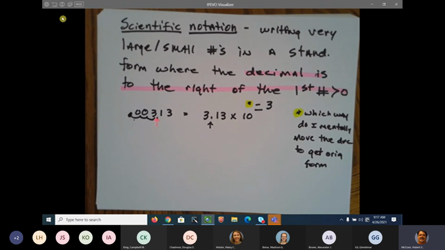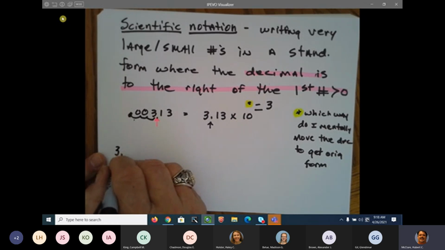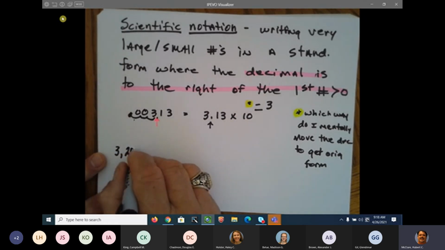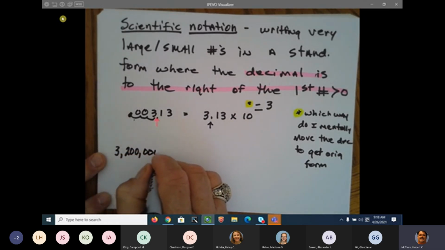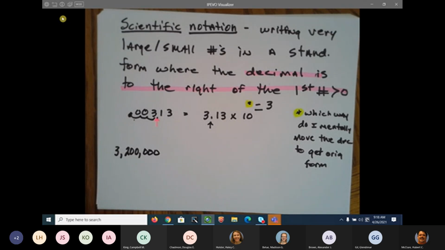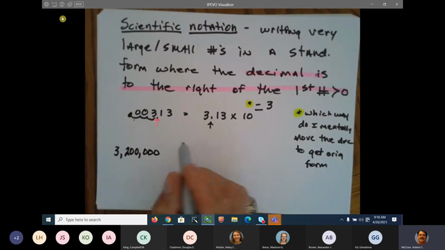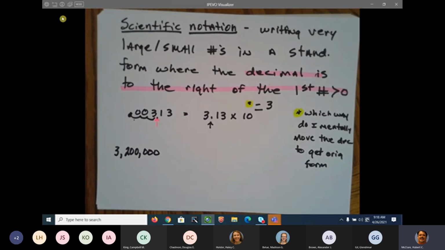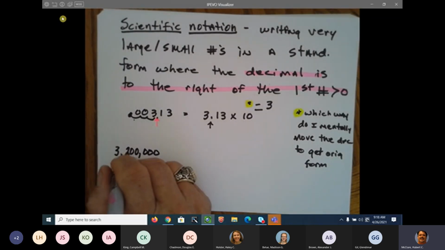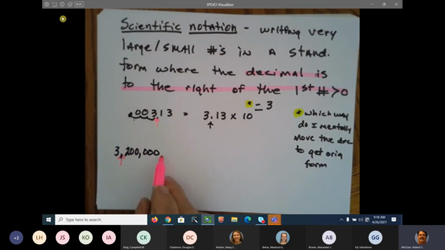And then the teacher gave you one like this one, 3,200,000. And they said, well, the decimal's going to go, take my pink highlighter, right there. On a whole number, the decimal is right there.